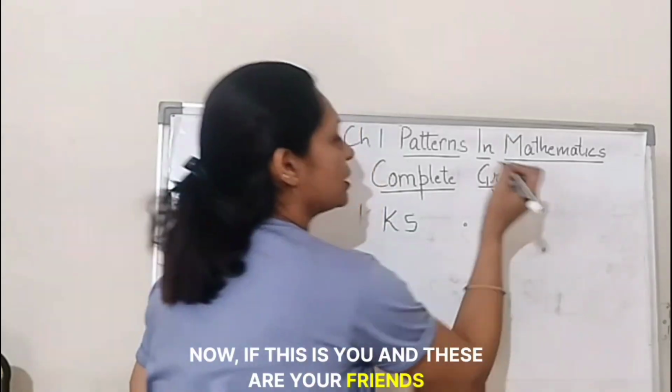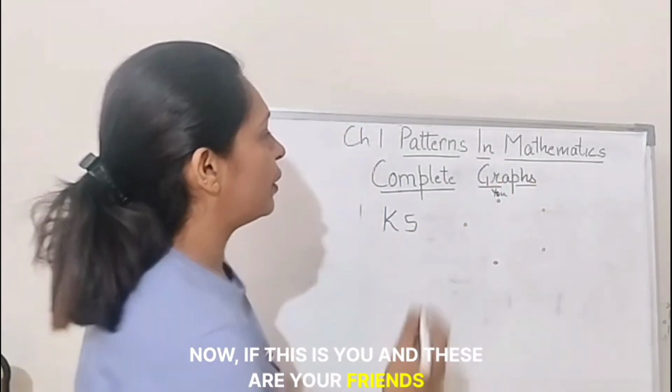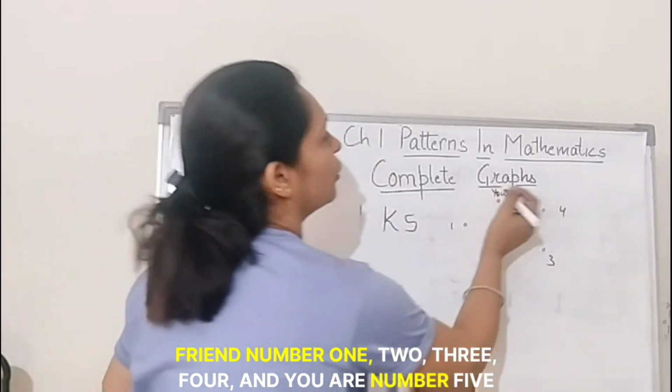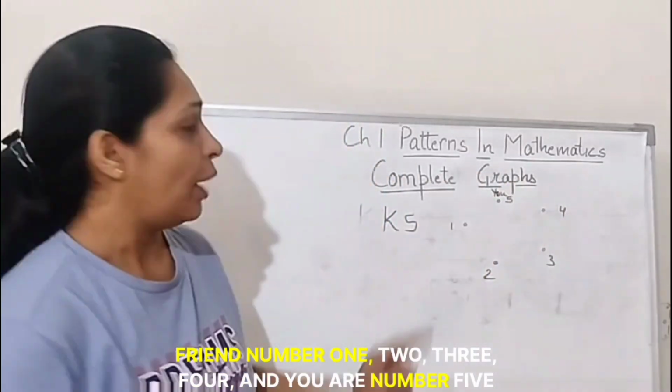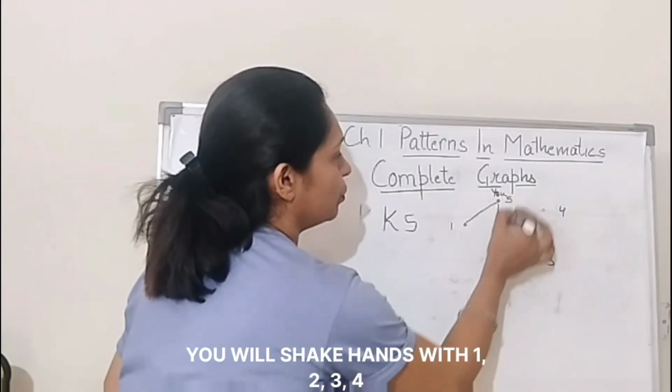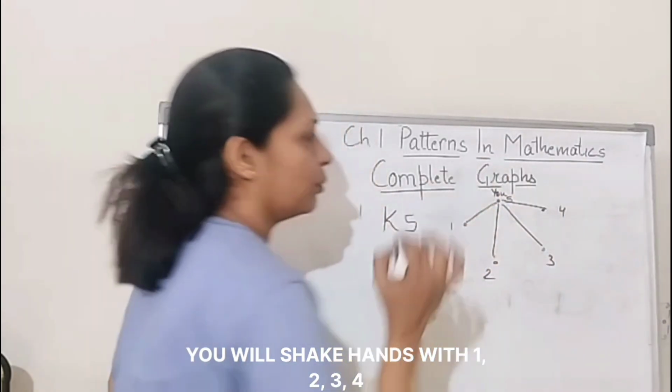Now if this is you and these are your friends, friend number 1, 2, 3, 4, and you are number 5, how are you going to shake hands? You will shake hands with 1, 2, 3, 4.